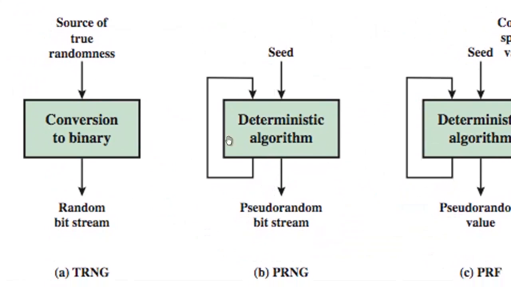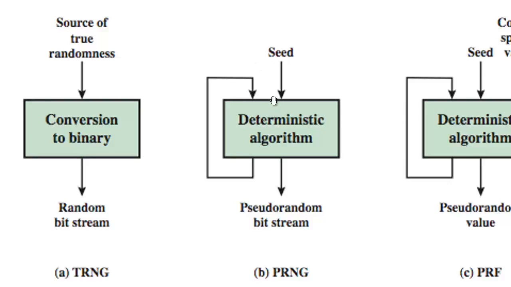There is the true random number generator, which is the source of true randomness, followed by conversion to binary, giving a random bit stream. But actually we are using the pseudo random generator, which uses some deterministic algorithm with the help of seed values, the seed input.